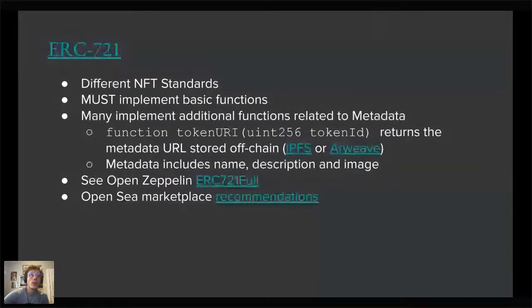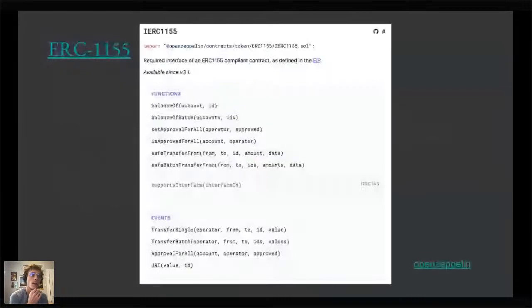So, jumping to the ERC 1155 contract. This is a newer version of a non-fungible token standard, and it's informed by ERC 721 as well as some other token standards, like ERC 777, which I think is a fungible token standard.